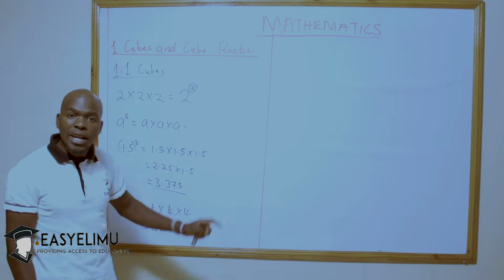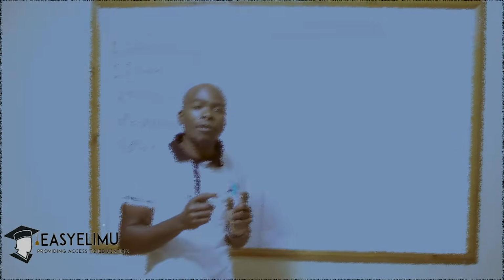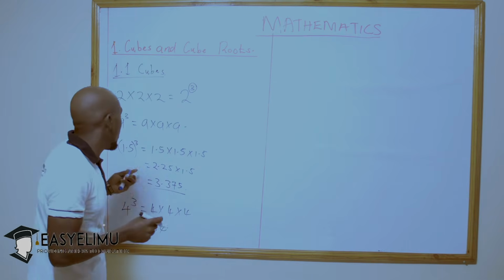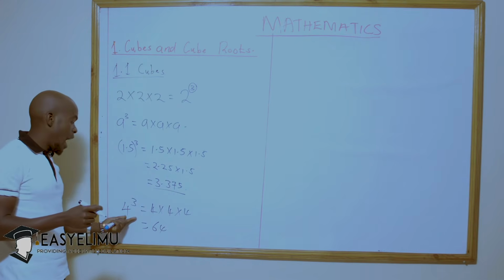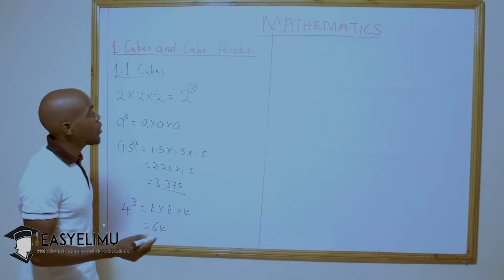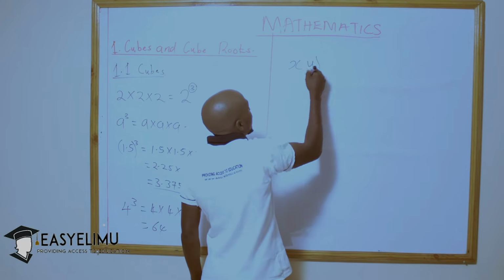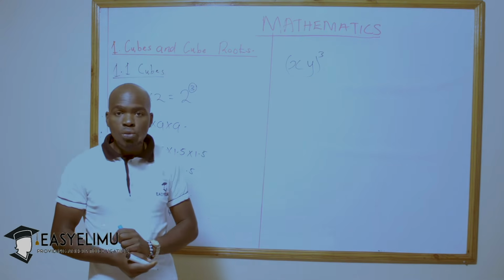Sometimes, finding the cubes of given numerical figures may include alphabetical letters as well as numerical figures. Here we have dealt with decimals and whole numbers too. But you can also have letters, such that you may be given xy cubed.